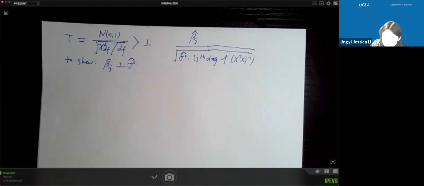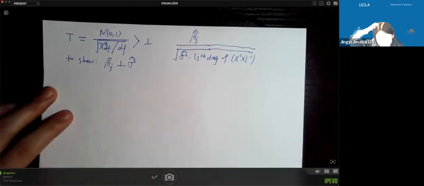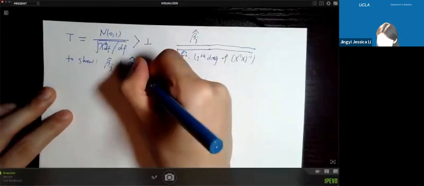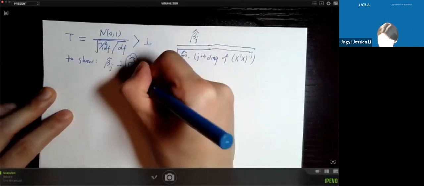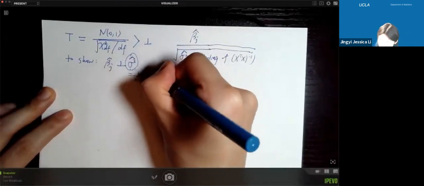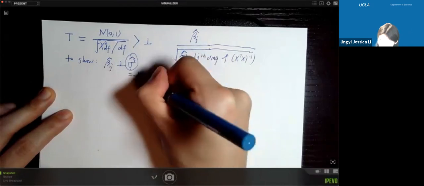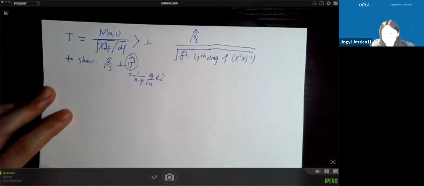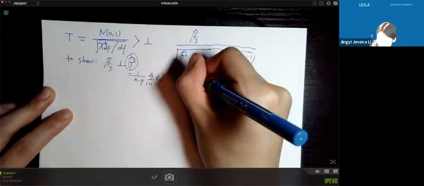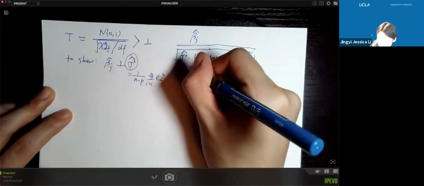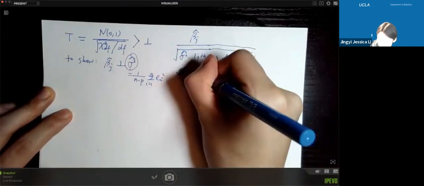If you think about this, because we know this term is just this, then it suffices to show, so we can just show that, okay, this is sufficient.